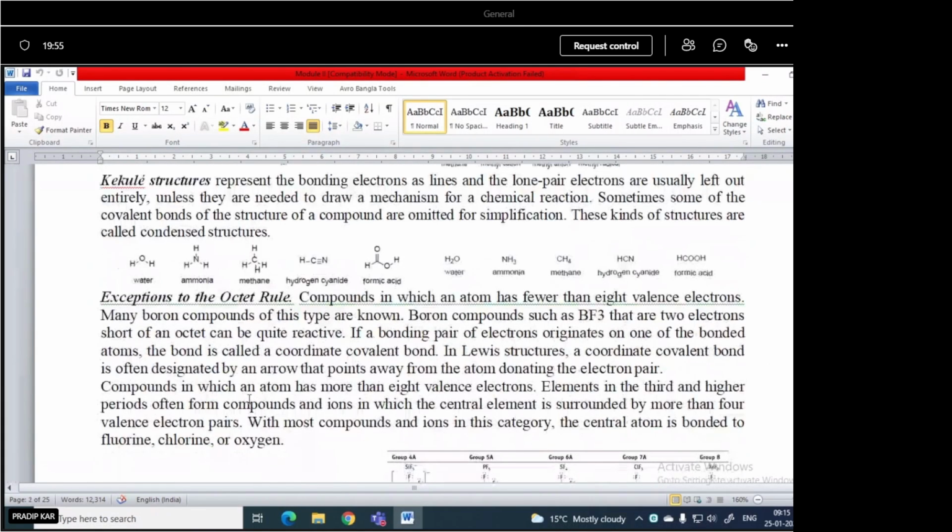The condensed structure is just an extension of the Lewis dot structure. Here in the condensed structure, we are not showing the lone pairs; we are only showing the covalent bonds. Like in water, we show the bonds with hydrogen: 2 OH bonds are formed.